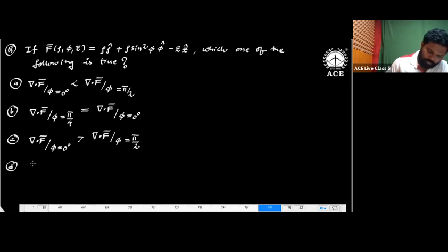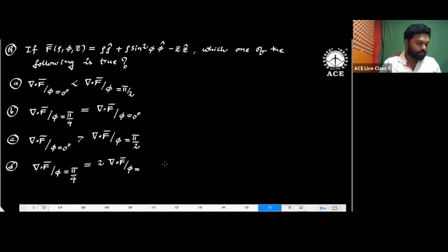Option D, divergence of f at phi equal to pi by 4 is equal to 2 times the divergence of f at phi equal to 0.